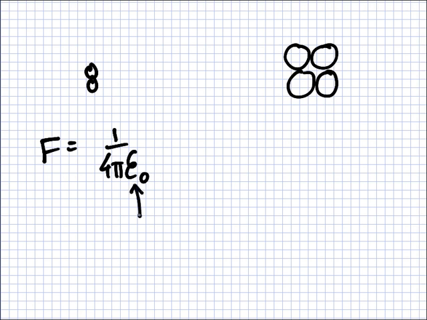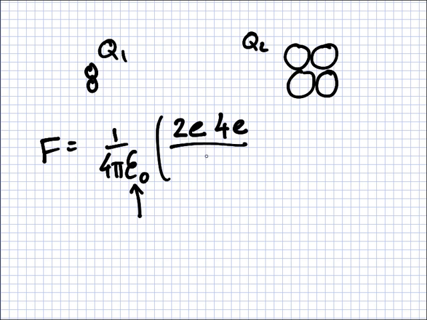This is on your calculator. Q1, Q2. So Q1 is 2e and Q2 is 4e. Yeah? And the distance? What's the distance? 0.09 times 10 to the minus 9, squared.